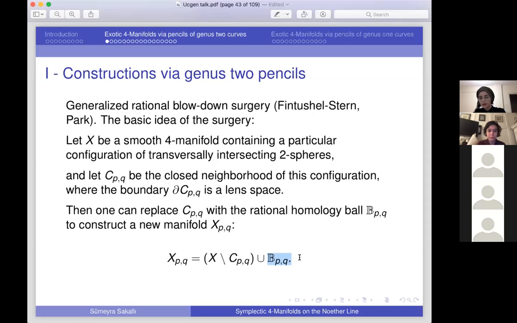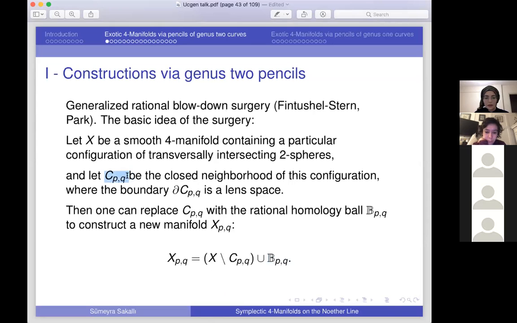It is called a rational homology ball. Its homology groups with Q coefficients are the same as the homology groups of the 4-ball with Q coefficients. And as a result, we get such a manifold. It is what we call the generalized rational blowdown surgery.